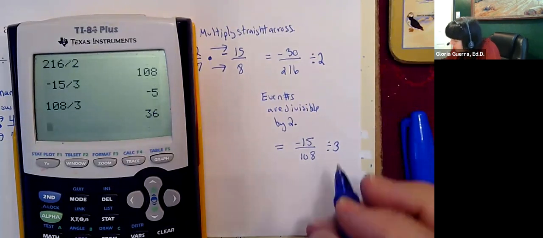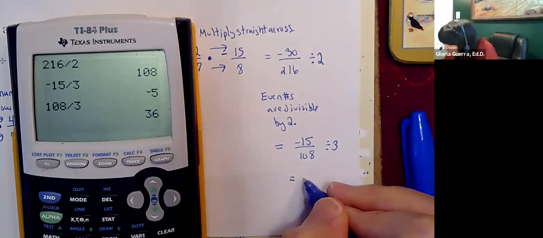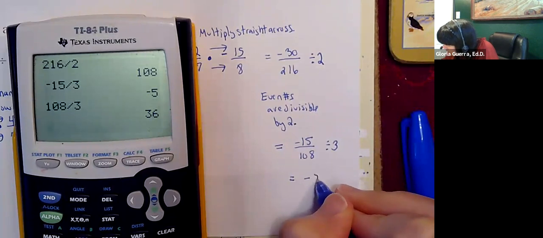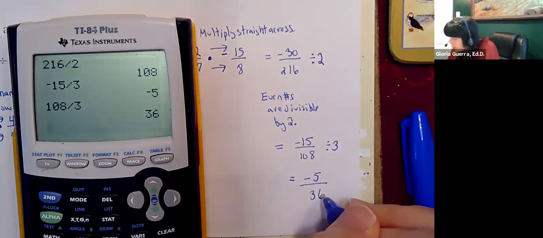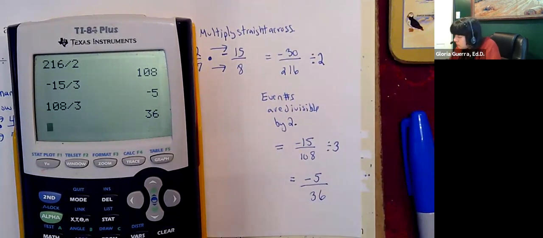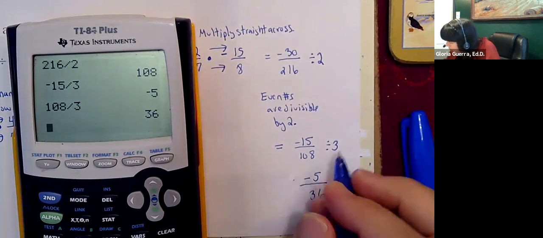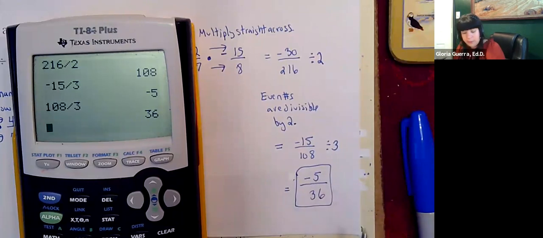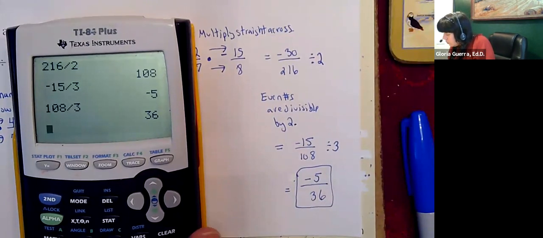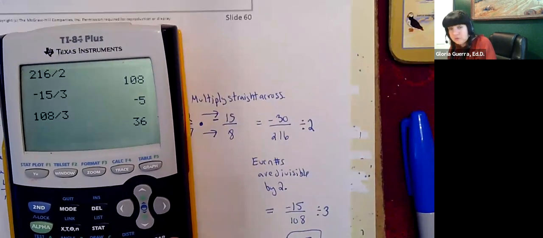That's 36. So negative 15 divided by 3 is negative 5, and 108 divided by 3 is 36. And yeah, that can't be reduced anymore.